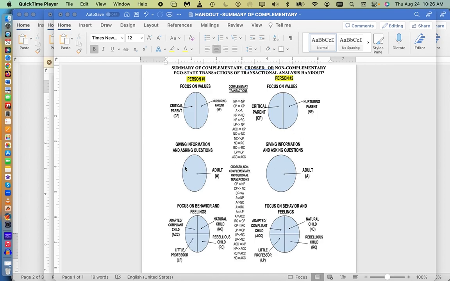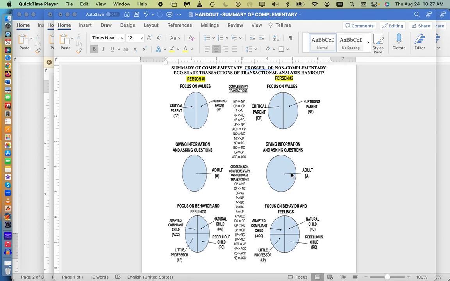So they're involved in complementary transactions, person number one, number two, an adult. They might try to chat about Roe versus Wade, where the Supreme Court legalized abortion, and the recent Supreme Court decision of Dobbs versus Jackson Women's Health, where the Supreme Court took away the right to have an abortion. Now, all these transactions coming from the adult in one person to the adult in the other person facilitate communication because they're complementary.